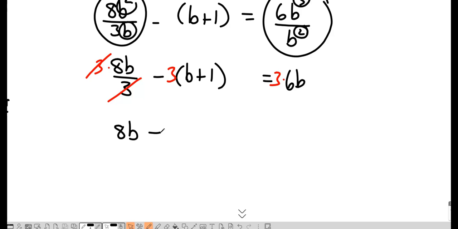Yeah. And more specifically, a special kind of multiplication called distribution, right? So you want to put it to both. Now, notice how there's a negative in the front here. When there's a negative in the front, you're multiplying by a negative. So that's going to be negative 3b minus 3. And then over here, we're also multiplying, so that would be 18b. Okay.